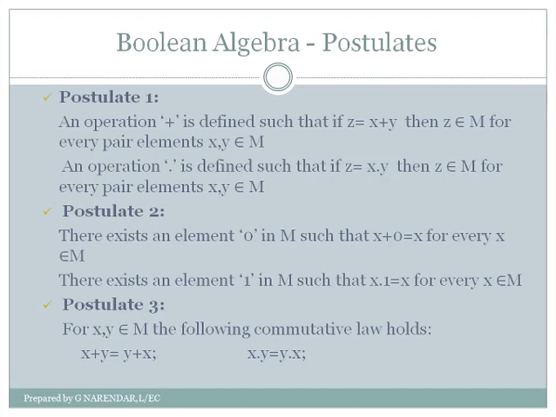This is the way we define the element 1. So postulate 2 defines two elements: element 0 and element 1.